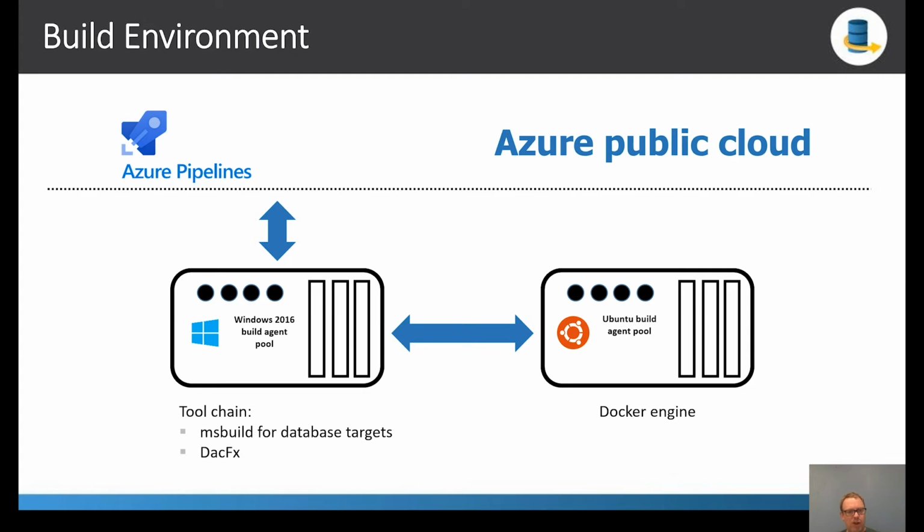I'm going to use build agents associated with two pools, a Windows pool, which contains all the tooling for building and deploying my artifact, my DACPAC, and also a Linux pool, which is going to be associated with an Ubuntu server, which I'm going to spin up my containers on.